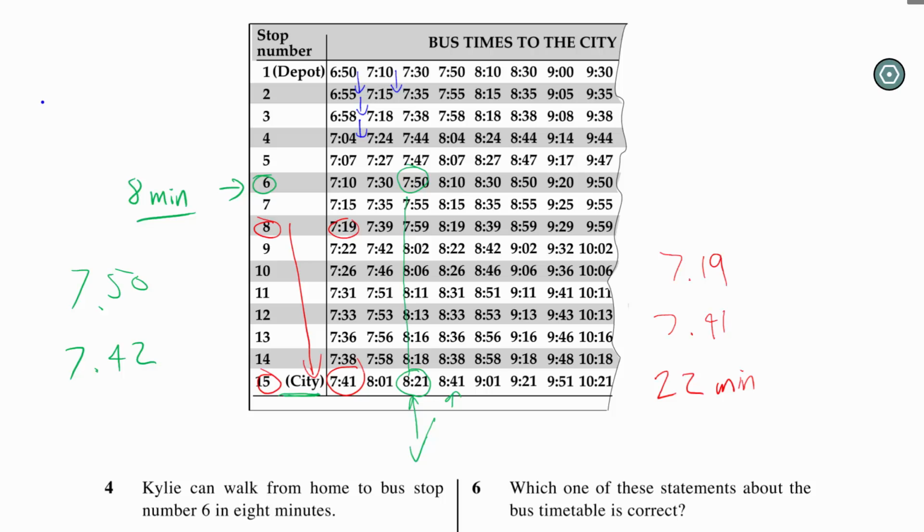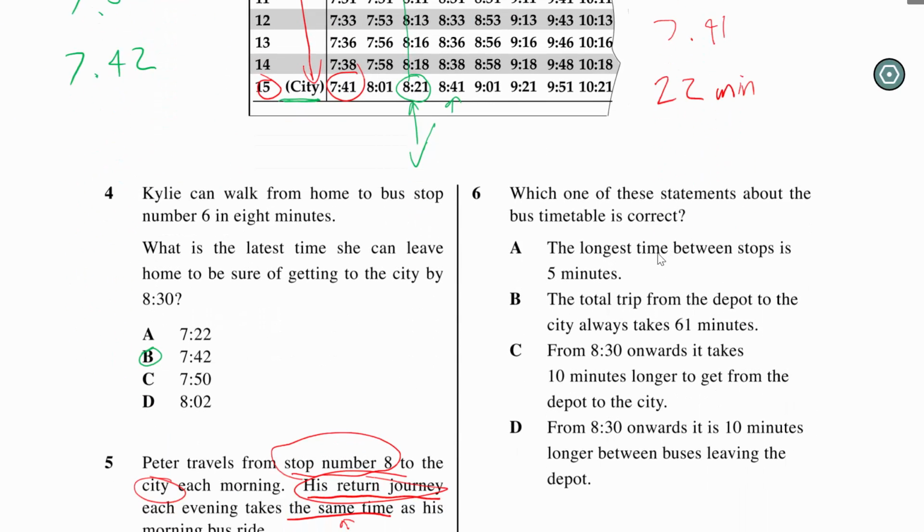So that's 6. So to go from stop 3 to stop 4 is 6 minutes. So we know that the longest time between stops is not 5 minutes. We know it's at least 6 minutes from the one that we just did. So it's not A. B, the total trip from the depot to the city always takes 61 minutes.